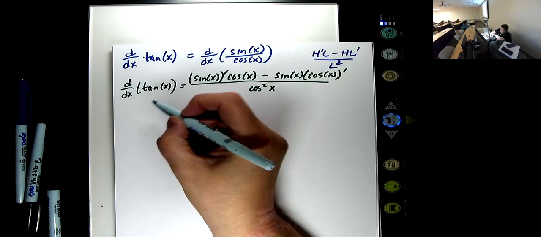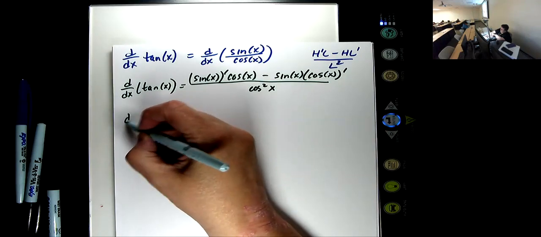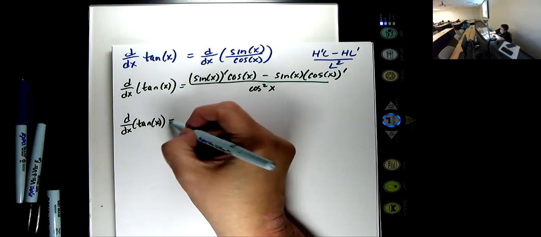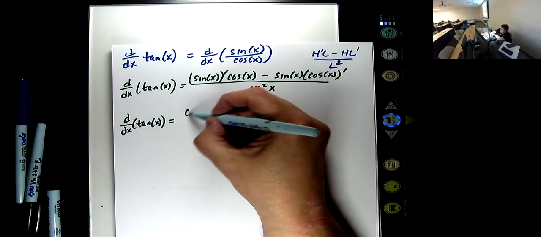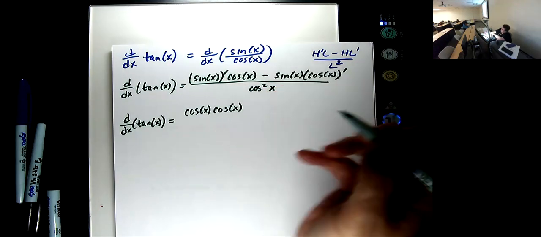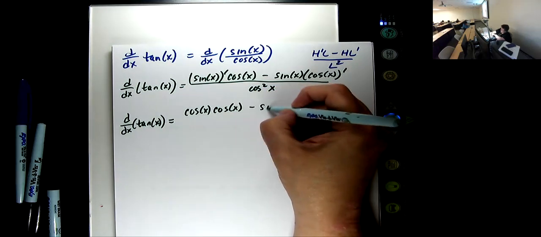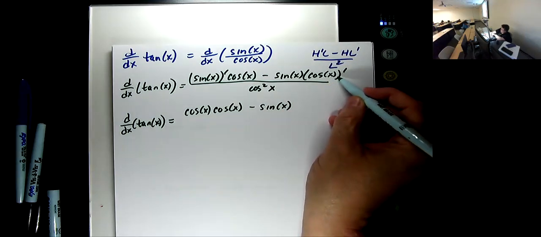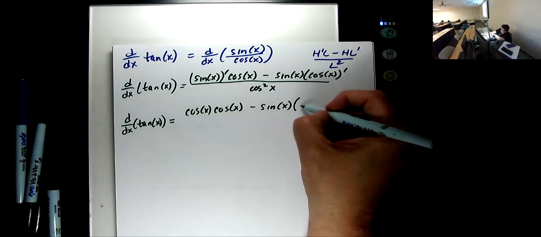Well, derivative of sine x is cosine x. And then we still had a cosine x. And the derivative of cosine x was negative sine x.